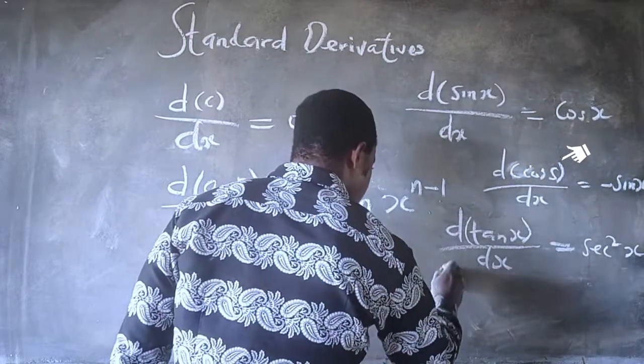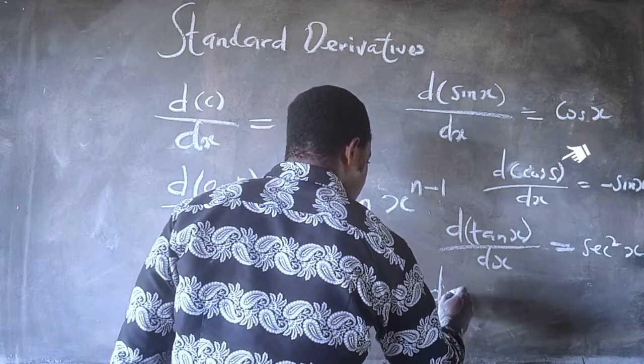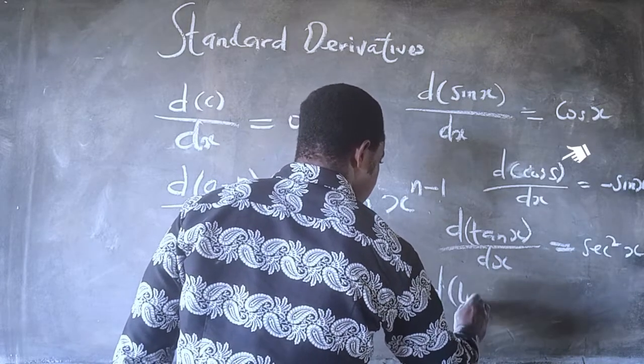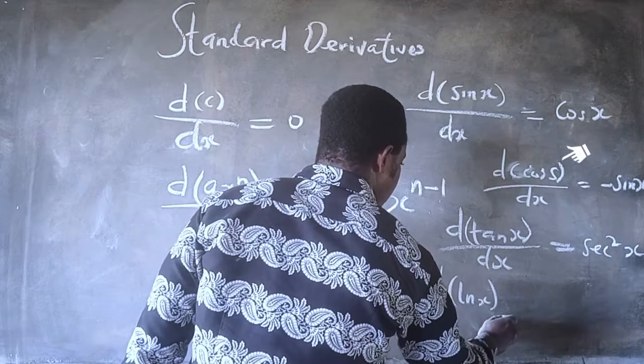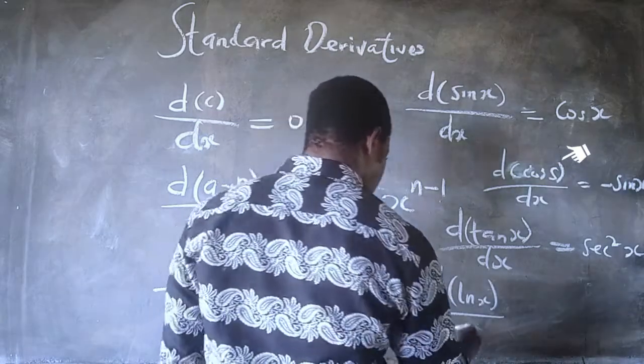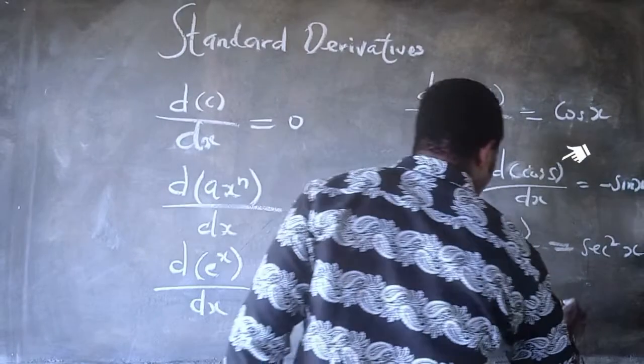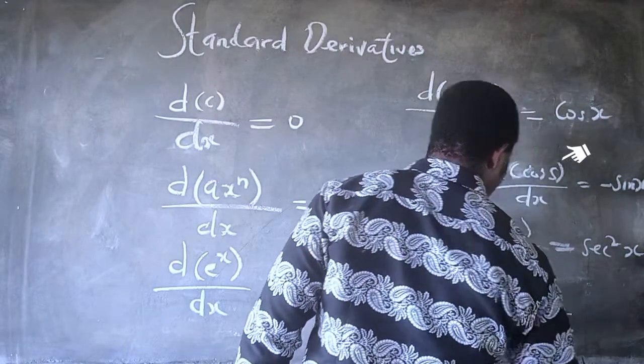And so the differential coefficient of ln of x, natural logarithm, that is log to the base of e, ln of x is 1 all over x.